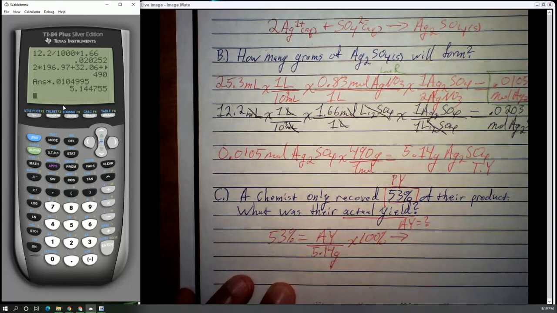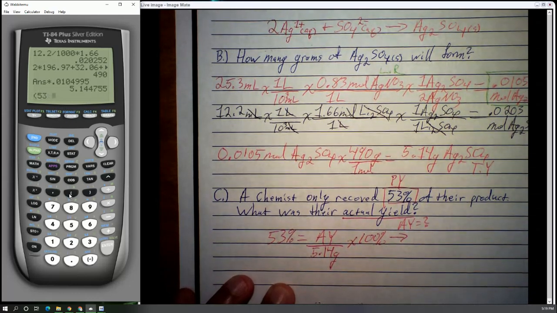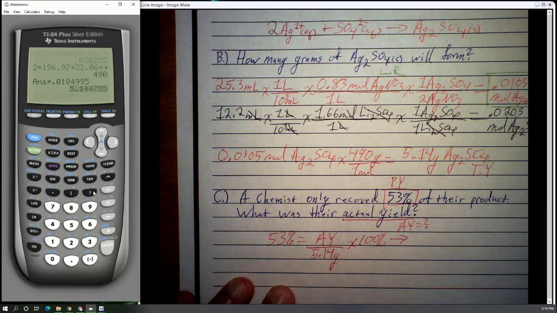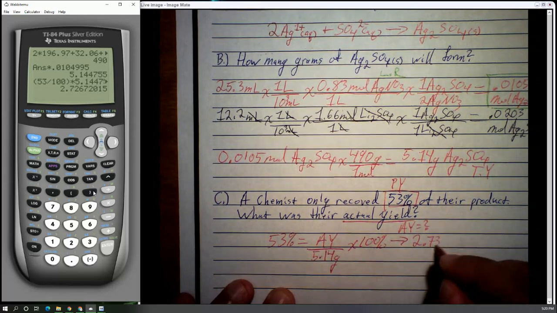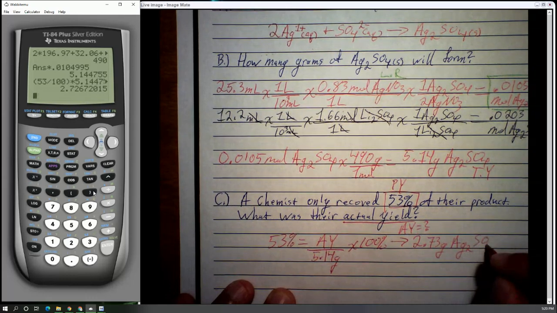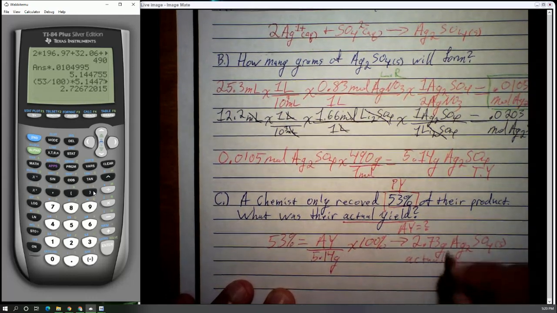Now I'm going to do all of my work at once in the calculator. So we're going to have 53 over 100, and then multiply that by our previous answer. So we get 2.73 grams silver sulfate solid actually recovered.